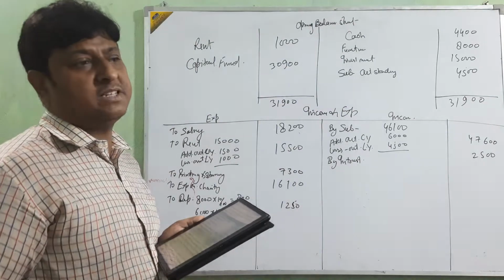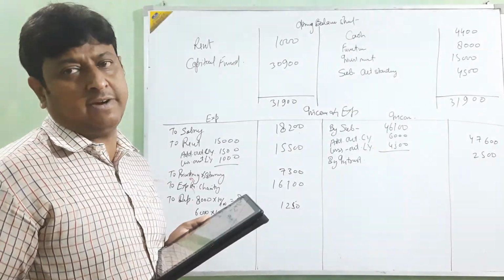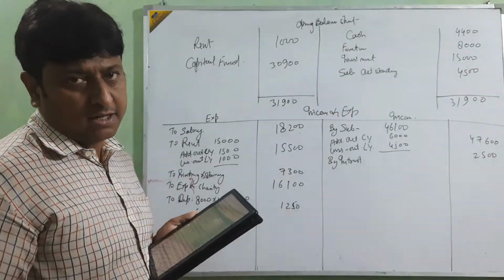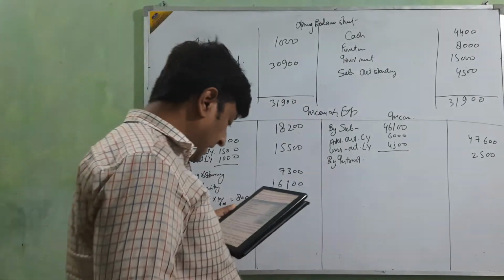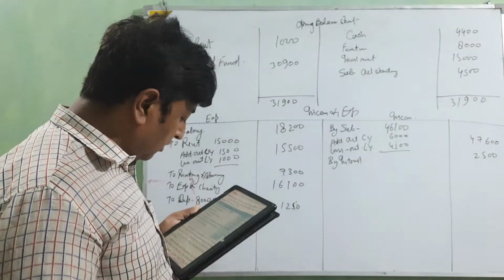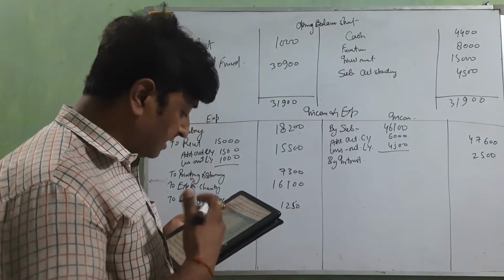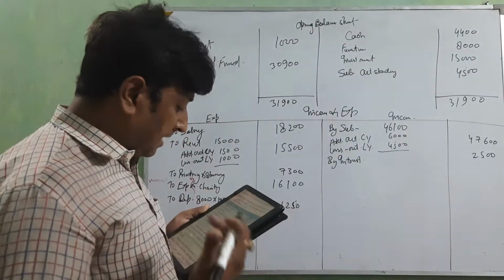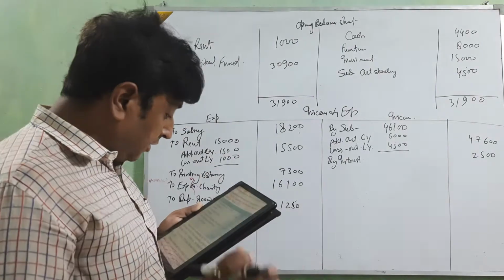Then tournament fund. When tournament expense and tournament fund are both given, both are taken in the balance sheet. Then donation. Beta, that donation for building we are not going to take here, because two donations are there. Only the ordinary donation we are going to take.